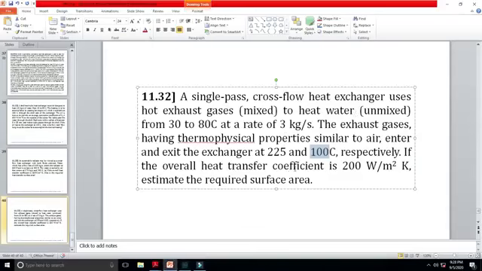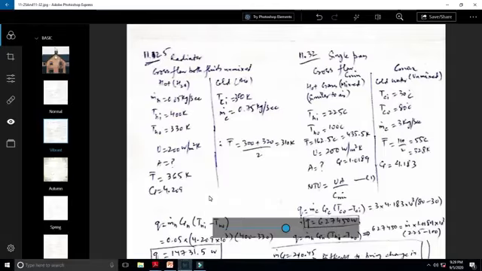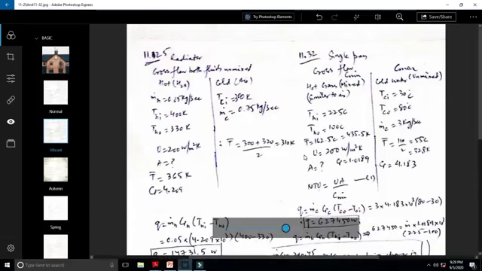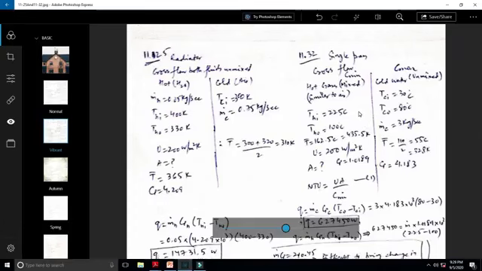If the overall heat transfer coefficient is 200 watts per meter square Kelvin, we have to estimate the required surface area. So this problem shouldn't be difficult at all. We will find the average temperature. We are given all four temperatures, and we are given U as well.